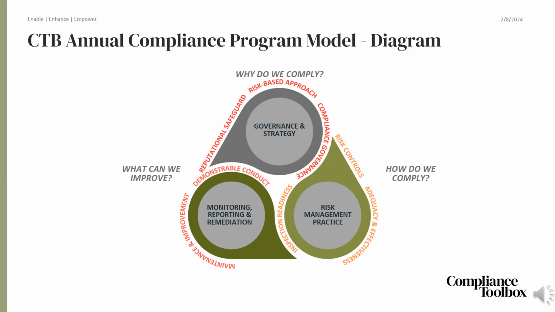The ultimate component is encapsulated in what can we improve. Each compliance cycle is concluded by assessing the outcomes for the expired period. It acts as the guiding beacon, directing FSBs towards continuous enhancement and refinement.